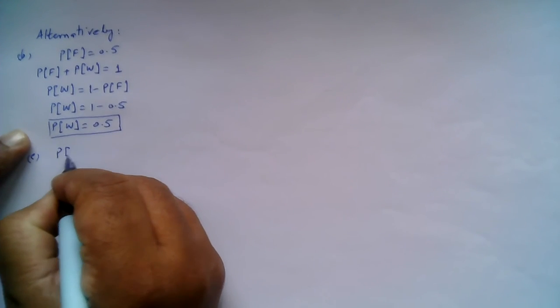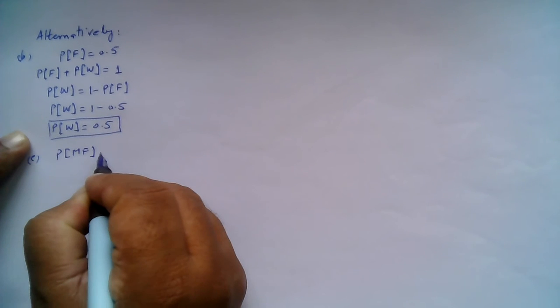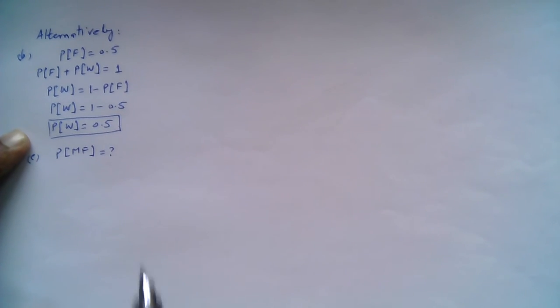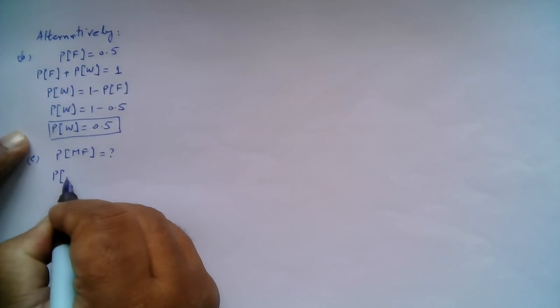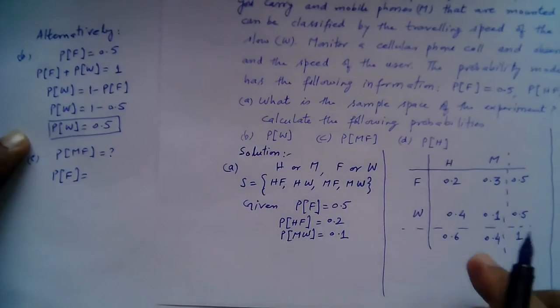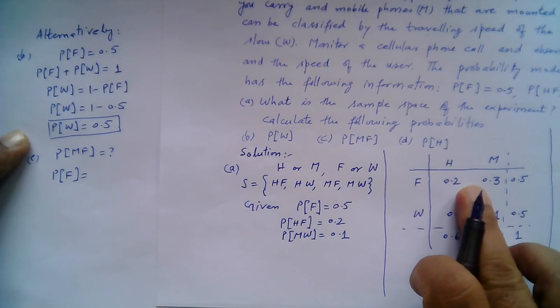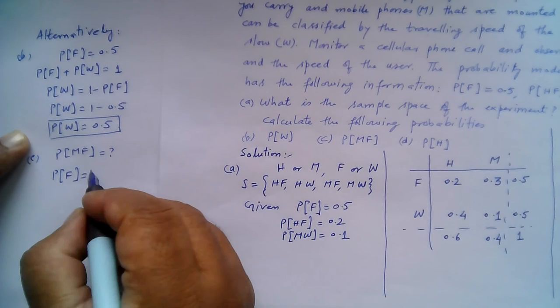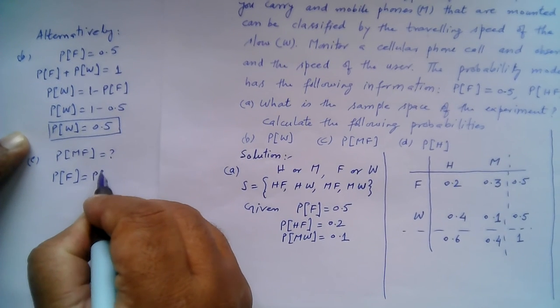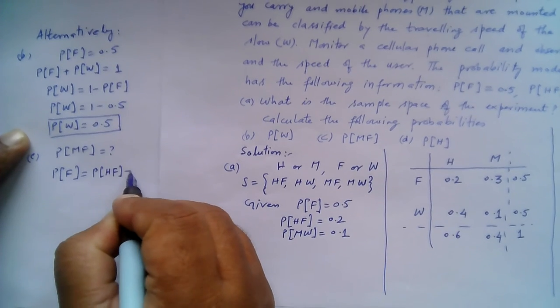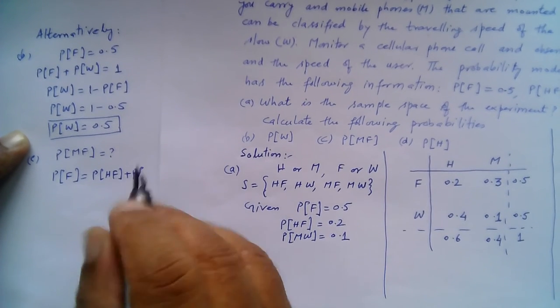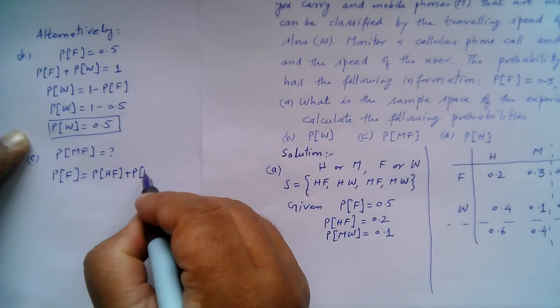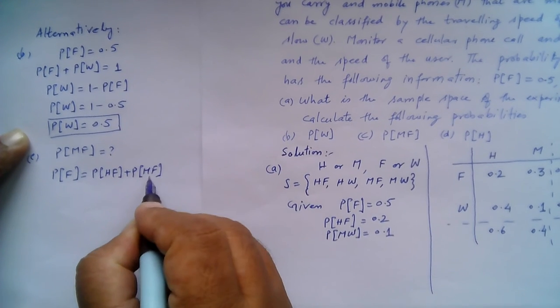Probability of MF, right? So the probability of fast we have already found is given by probability of HF plus probability of MF, and we need to find this probability, right?